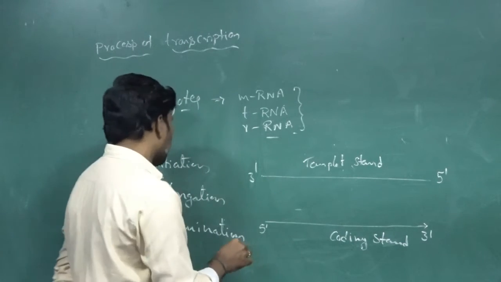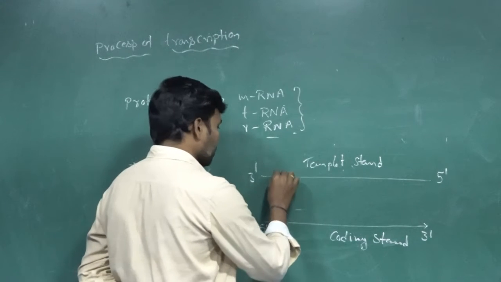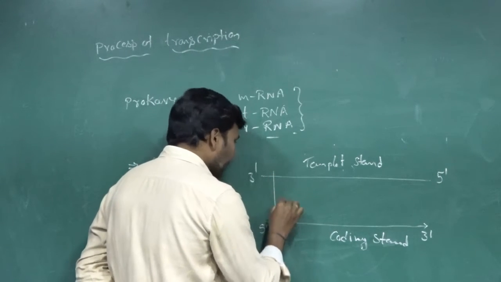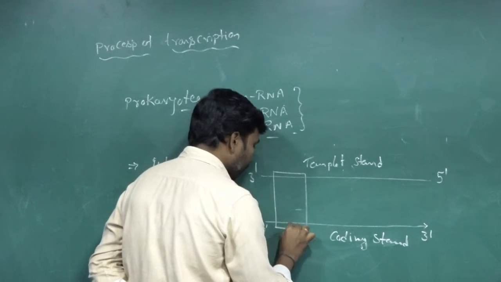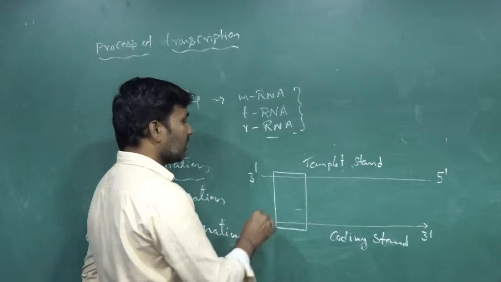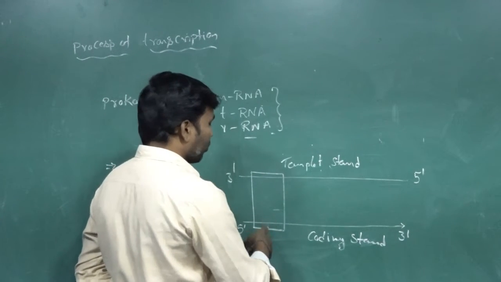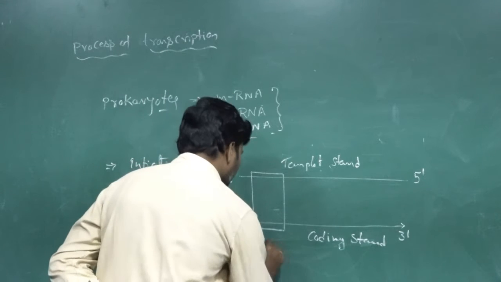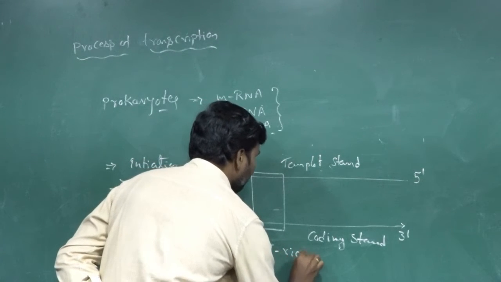First step is the initiation. The RNA polymerase is going to recognize a specific sequence of the DNA template. In the coding strand, the specific sequence is an adenine and thymine rich sequence.